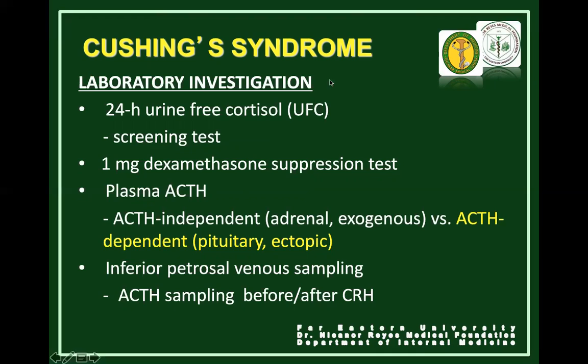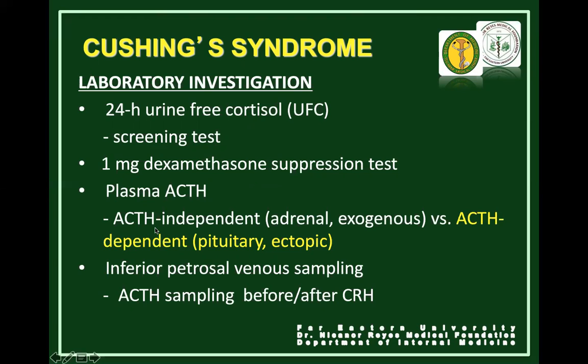Now, if these two, your free cortisol and your suppression test, say that there is hypersecretion, then you can proceed to differentiate them. Either they have a problem with your ACTH, and this will differentiate if it is coming from your pituitary or from your adrenal or ectopic.